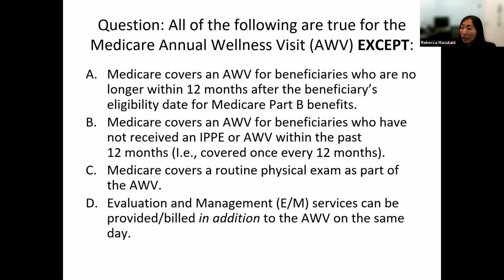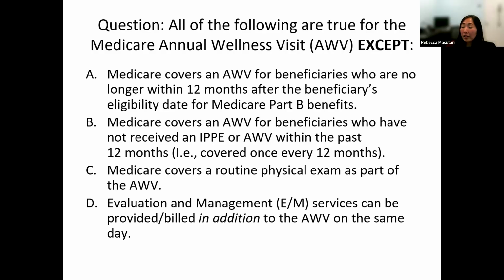B, Medicare covers an annual wellness visit for beneficiaries who have not received an IPPE or annual wellness visit within the past 12 months. C, Medicare covers a routine physical exam as part of the annual wellness visit. And D, evaluation and management, E&M services, can be provided in addition to the annual wellness visit on the same day.